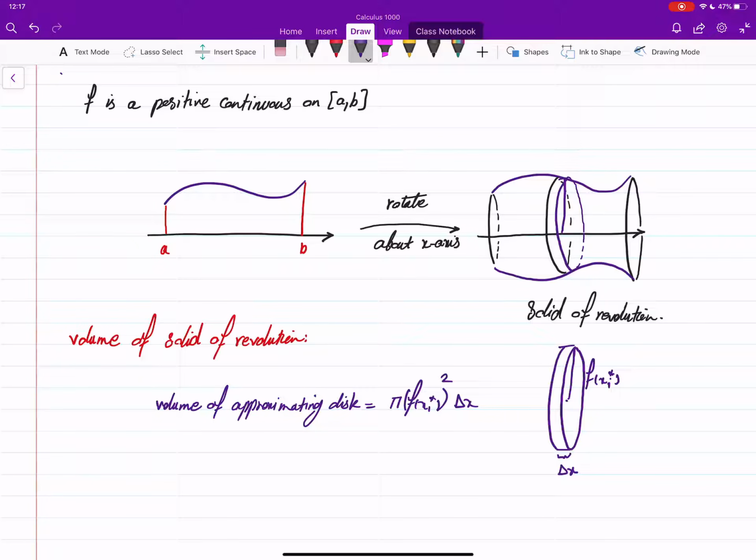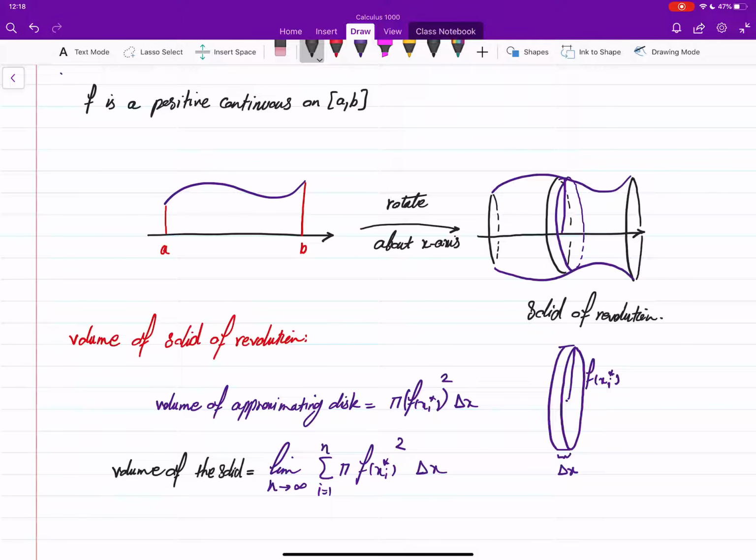But then you add all such disks, and make sure that you increase the number of such disks, so make them thinner and thinner. So this way we will get the volume of the solid.